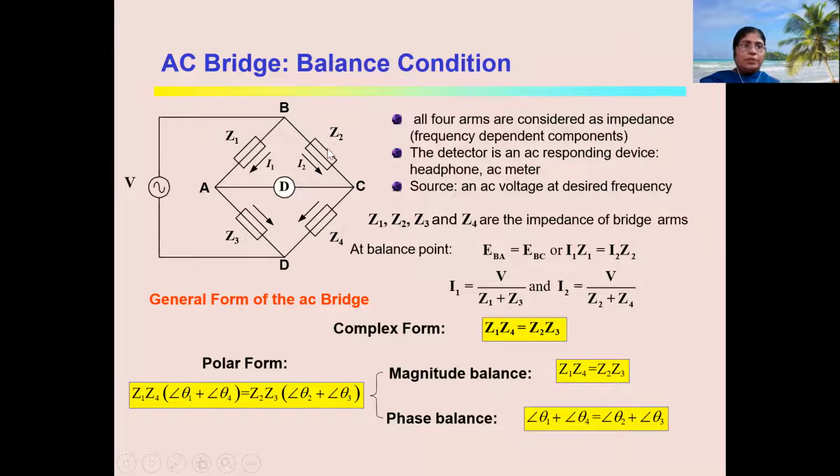If the bridge satisfies these two conditions, Z1 Z4 equal to Z2 Z3, and theta 1 plus theta 4 equal to theta 2 plus theta 3, then we can say the bridge is in balance condition. With the help of these balance conditions, when the bridge is at balance, the values of unknown inductor and capacitor or unknown impedances can be calculated. So this completes this lecture.